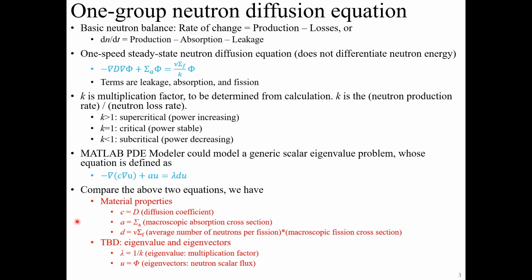The script workflow is not covered in this course, and we will just study the MATLAB PDE modeler based on the graphic user interface. And we will solve the one group and also the two group neutron diffusion equation later.